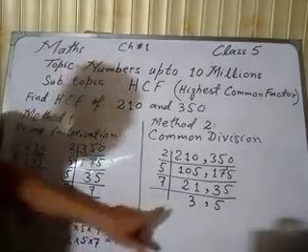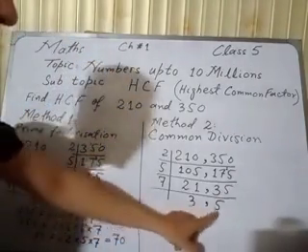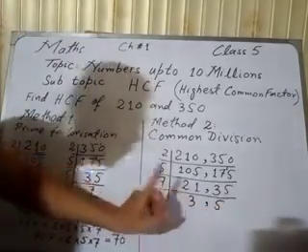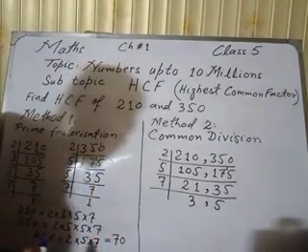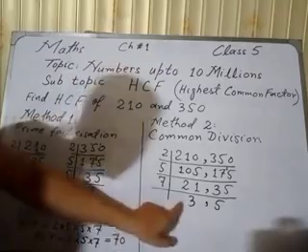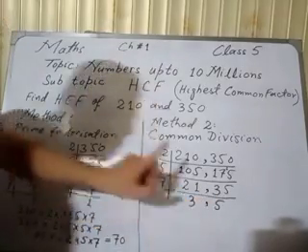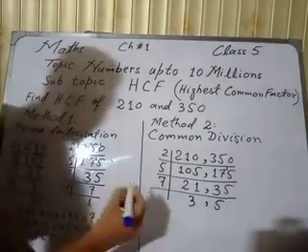Here you can see that 3 and 5 are both prime numbers. Whenever you get prime numbers here, you have to stop the process. Why? Because 3 and 5 cannot be divided by any other number. So stop the process.